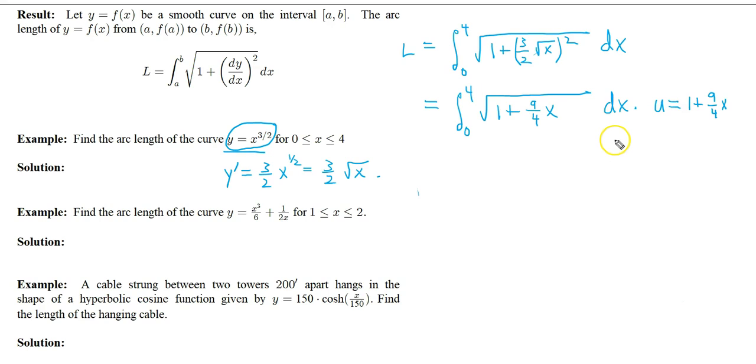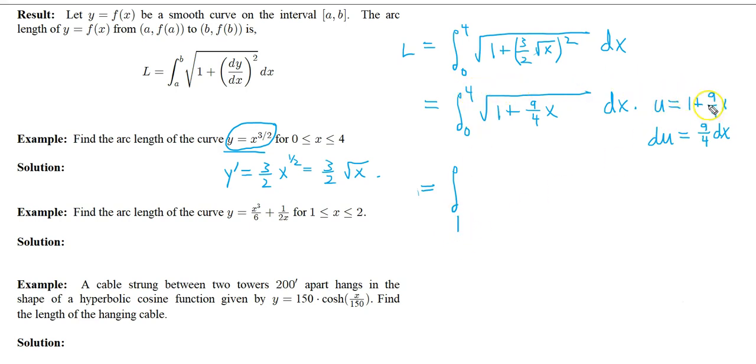Now, if you did prefer to use substitution to do this problem, you would let u equal 1 plus 9/4 x, in which case du is 9/4 dx, and then this integral would become, now if we put 0 in for x here, the u becomes 1.